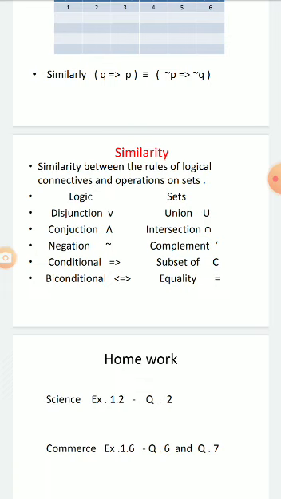By replacing union by disjunction, intersection by conjunction, complement by negation, subset of by implies, and equality by biconditional, we can easily write the rules in logic.